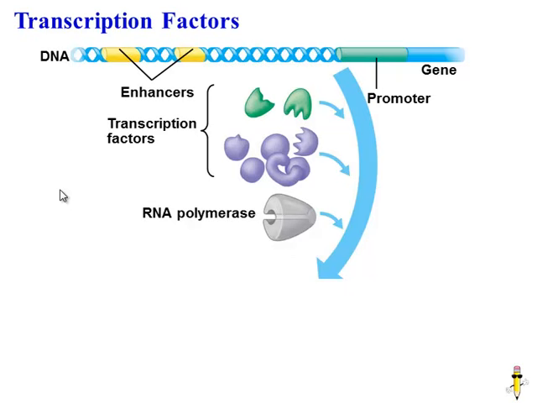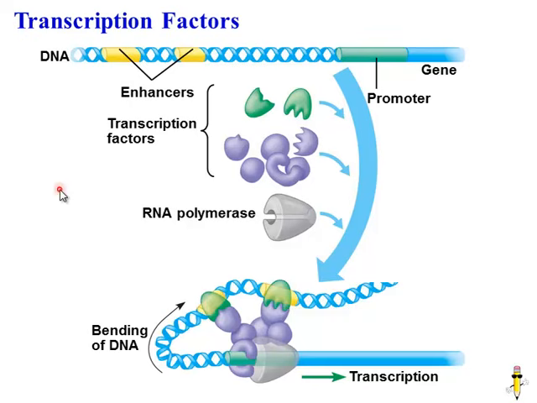So here's what it looks like if the gene is going to get transcribed. Here we can see that the transcription factors are bound to the enhancer regions, and in doing so, they have helped RNA polymerase bind to the promoter. Now RNA polymerase can start transcribing the gene.